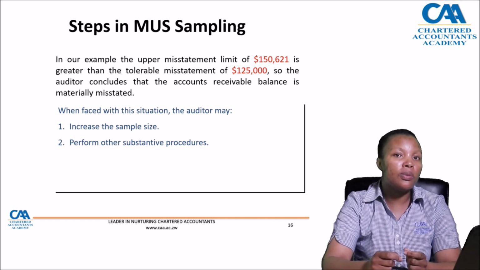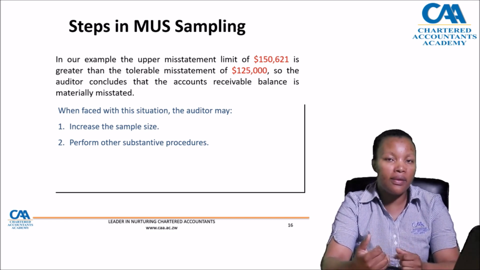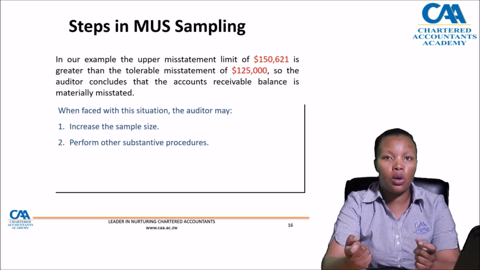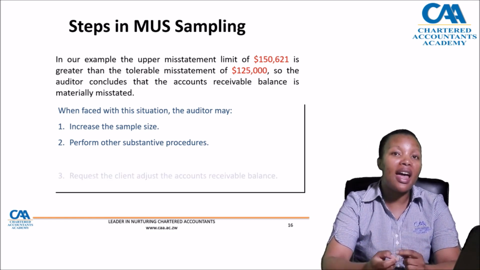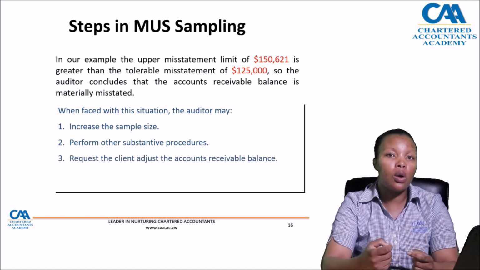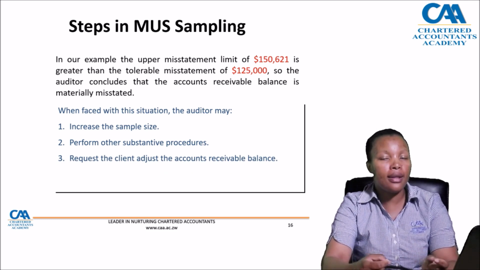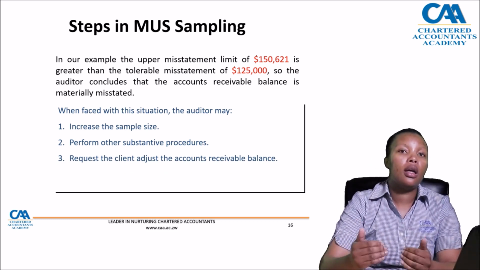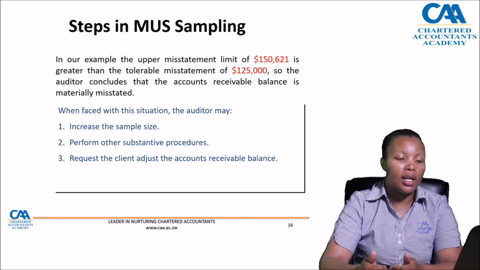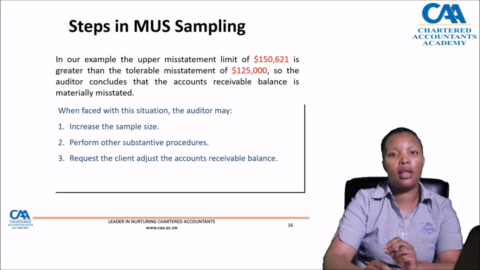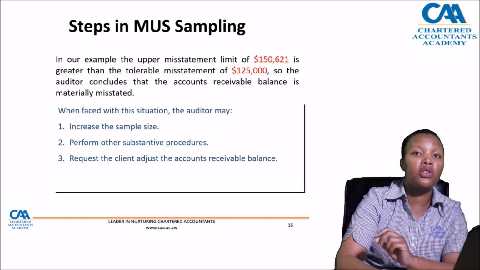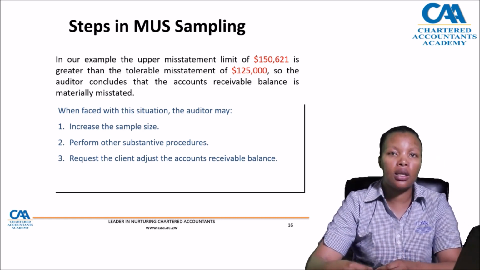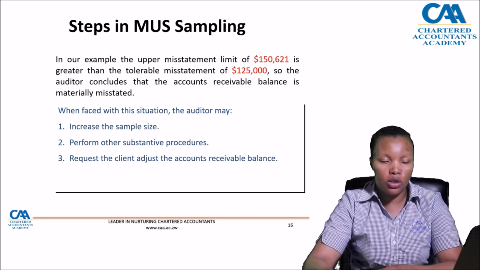And this they will do, especially if they find that even after having increased the sample size, the conclusion is the same. And after having performed other procedures, the conclusion was still the same, that the accounts receivables were materially misstated. So the auditor will then communicate to the client to adjust the accounts receivables so that they can be reflective of what the audit evidence is showing.